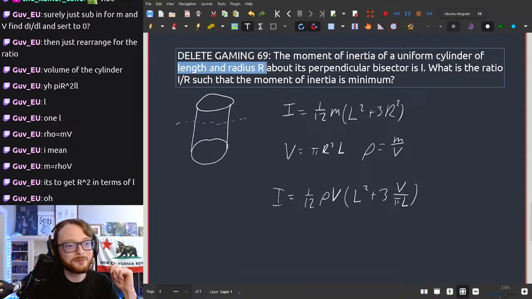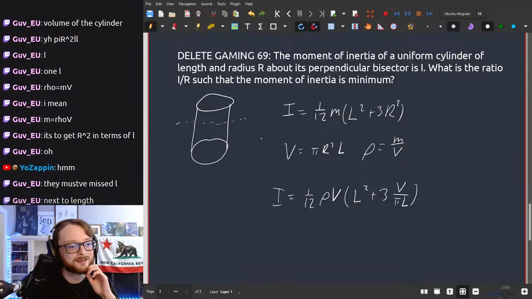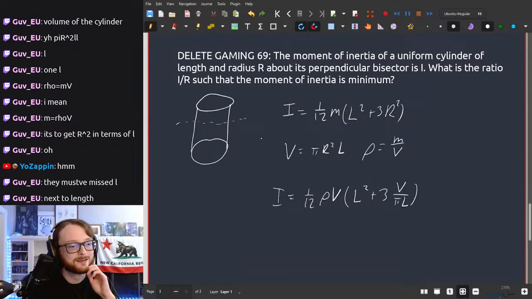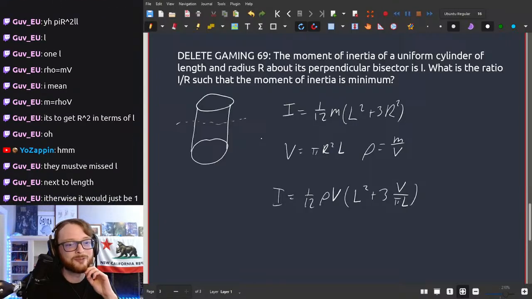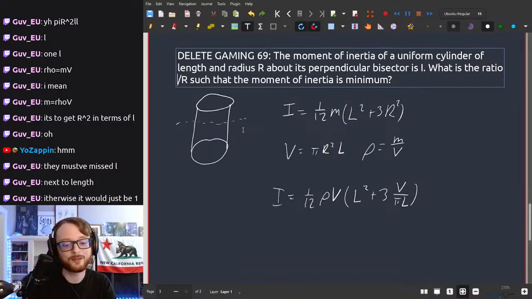I assume they mean length L and radius R, but that's why I just kind of left the question alone, because it seems like there's a typo. But even then, I don't know, if it is length L.